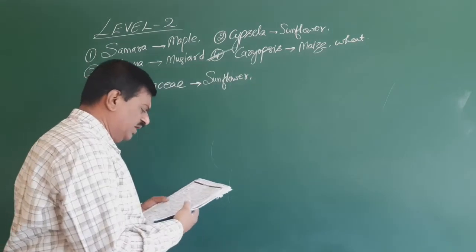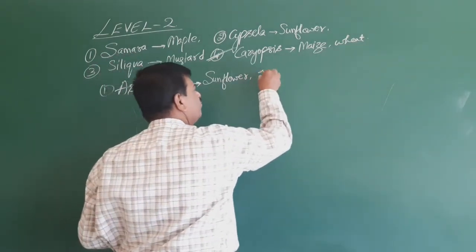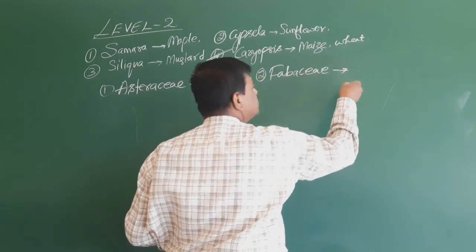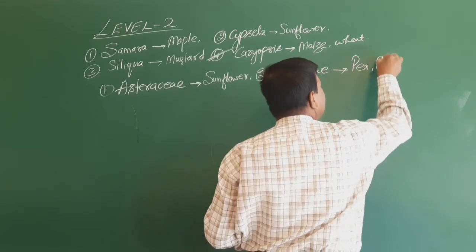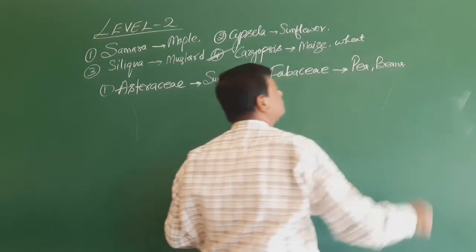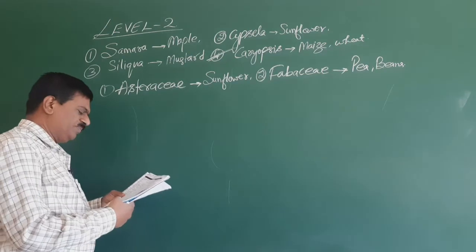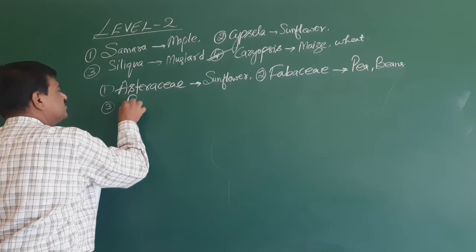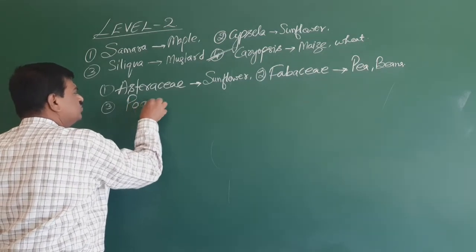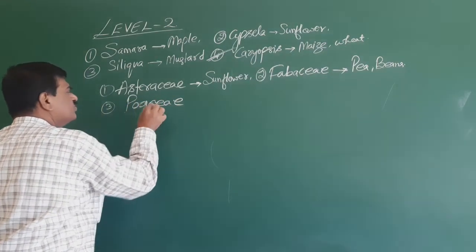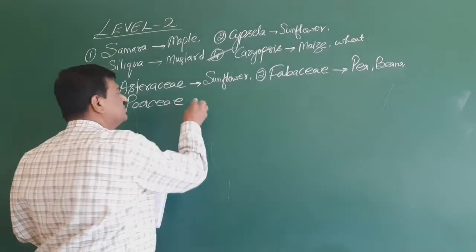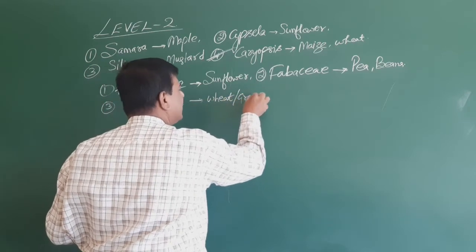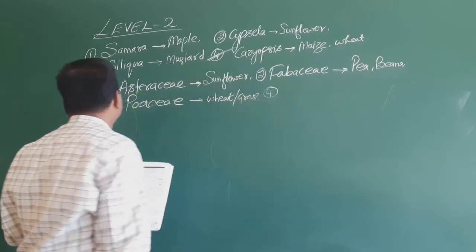The second family is Fabaceae, where we see pea and beans as examples. And the third option is the family Poaceae, which includes wheat and grass.